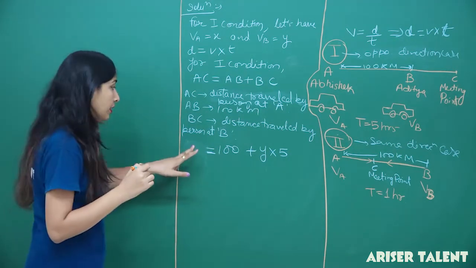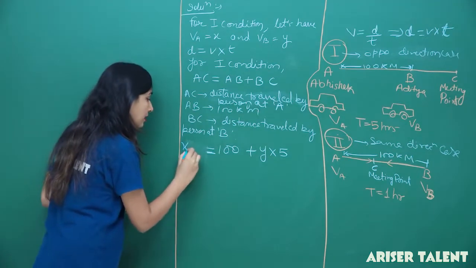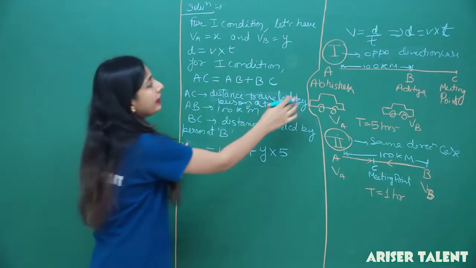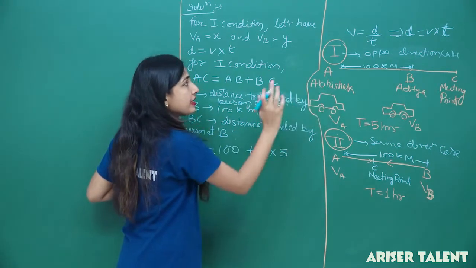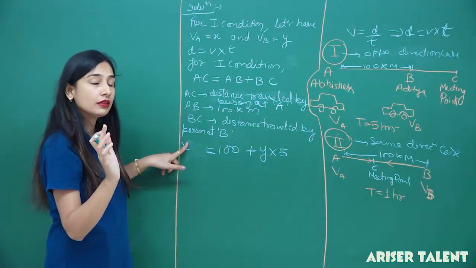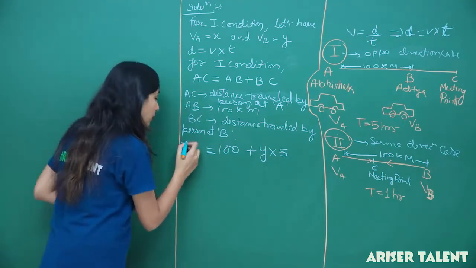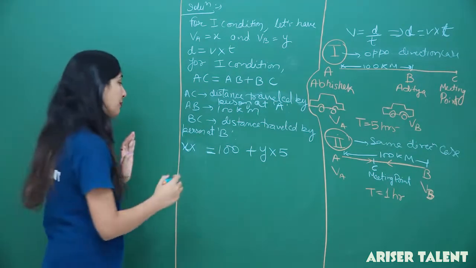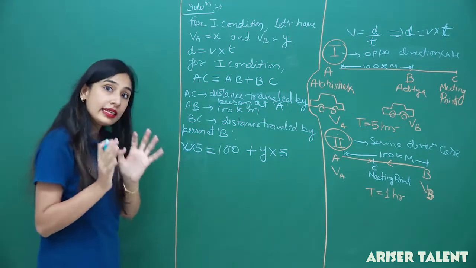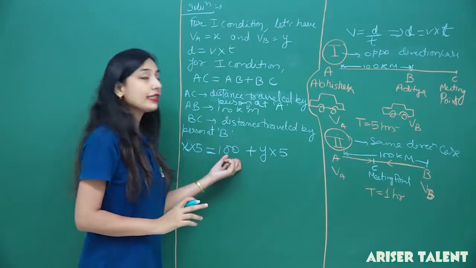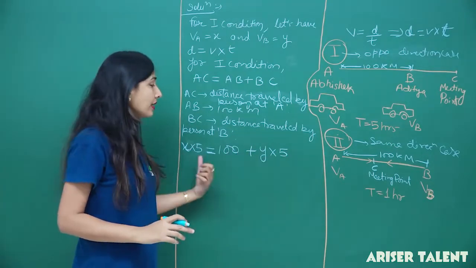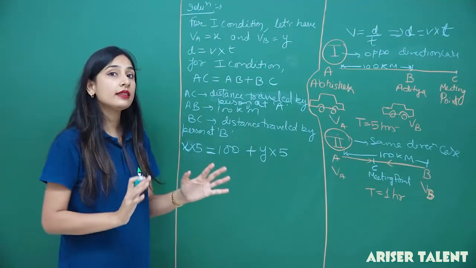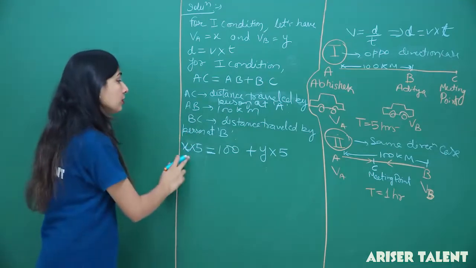Now the speed of this is x. We assume the person at A, that is Abhishek, has some speed x, and the time is again 5. We are calculating in kilometers per hour. This is kilometers and this is hours.